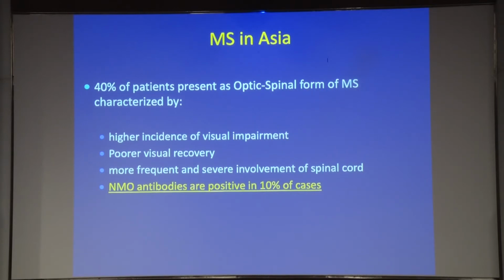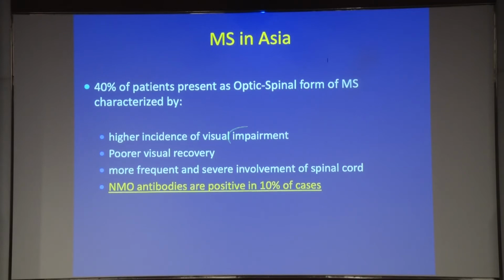In fact, a couple of studies in India have shown that 10 to 20% of patients who present with a feature of multiple sclerosis are actually NMO positive. So NMO positive antibodies are present in at least 10% of them. That's how our understanding, management, and intervention of optic neuritis in India and Asia has changed.